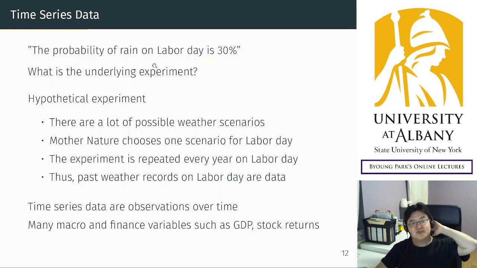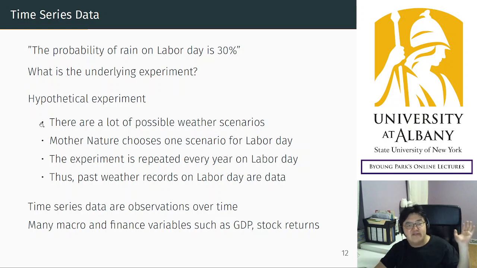So here still we have to define the probability. So we have to think about an experiment. We think of a hypothetical experiment. It's a purely imaginary scenario.